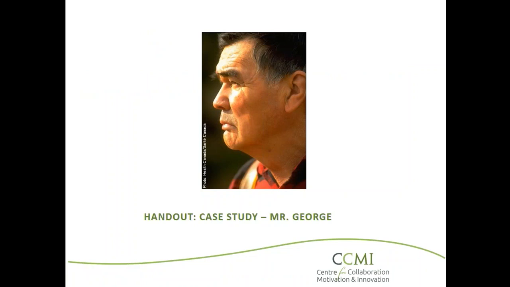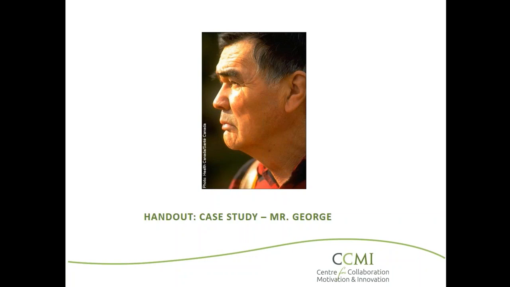We would like to introduce you to a person to help us demonstrate how motivational interviewing might be useful. Mr. John George is a 62-year-old man who recently had a mild stroke. He has had high blood pressure for years, and although he was prescribed medication, he rarely took it. Both of his parents had heart disease, and his mother died after a massive stroke when she was 65.